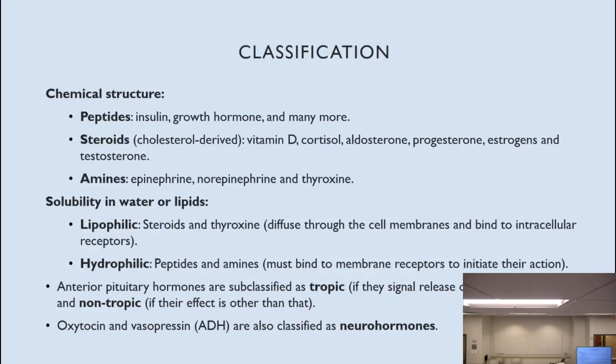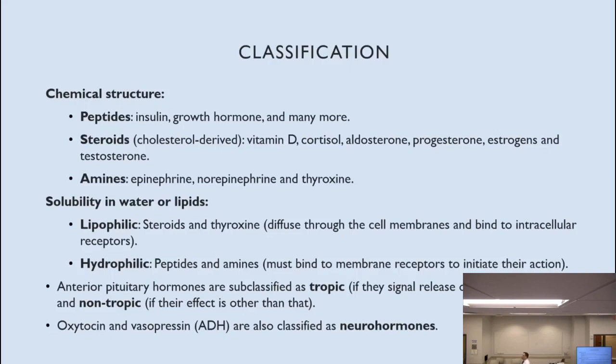You could include dopamine, as it's another amine, but it's not a hormone, that's why we don't include it there. But dopamine, which is a neurotransmitter, is also an amine. And we have thyroxine, which we're going to see is a little bit special. So we have the amines and the steroids, and the rest of the hormones are peptides, shorter or longer. The ones that are not there are proteins, peptides.